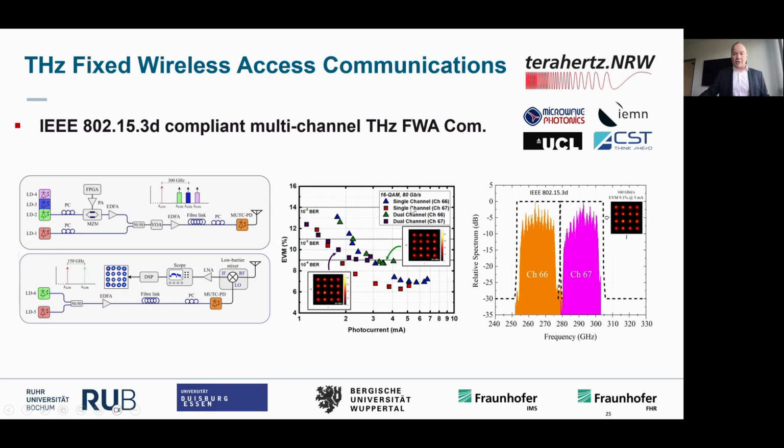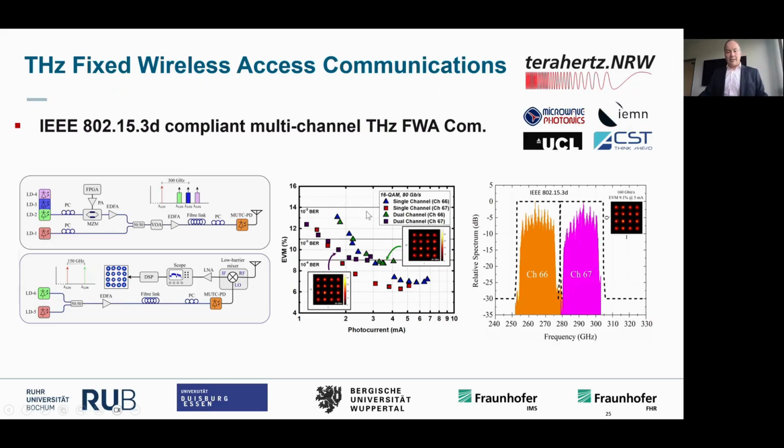We again tested different architectures. We used single channel transmission, dual channel transmissions, different types of systems. In all cases, what you see here in the middle is the so-called error vector magnitude. You have to be below a certain figure in order to be sure that you can recover the data at the receiver. And for, let's say, some software-defined radio, we need to be better than 10 to the minus 2 bit error rate.